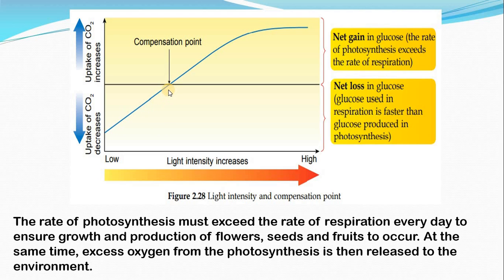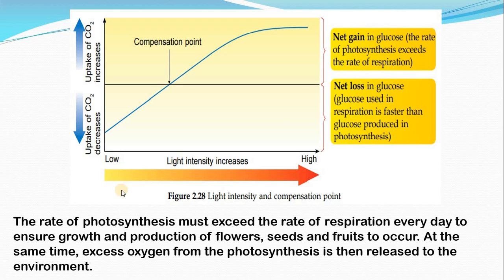In other words, the rate of cellular respiration is more than the rate of photosynthesis, so it will cause a loss in glucose. Most of the glucose is used for respiration.